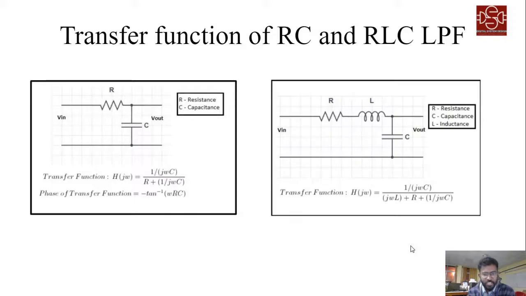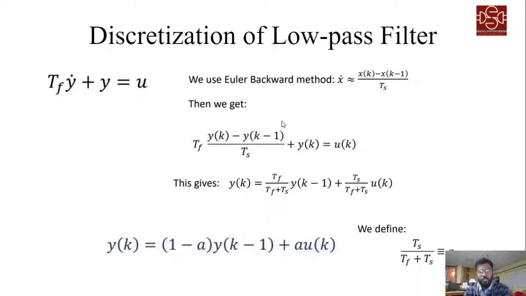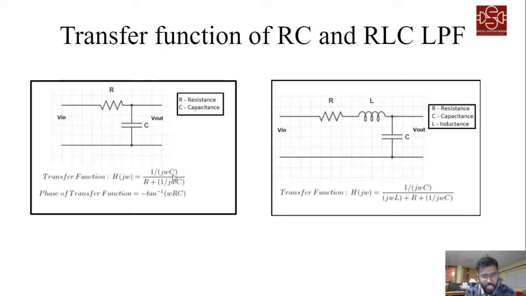The transfer function I have mentioned here is for how it becomes a low pass filter. It is in the Fourier domain. The previous one I have discussed in the Laplace domain. So in the Fourier domain, in the transfer function, if we sort it down, it will be 1 by (1 plus RC j omega).